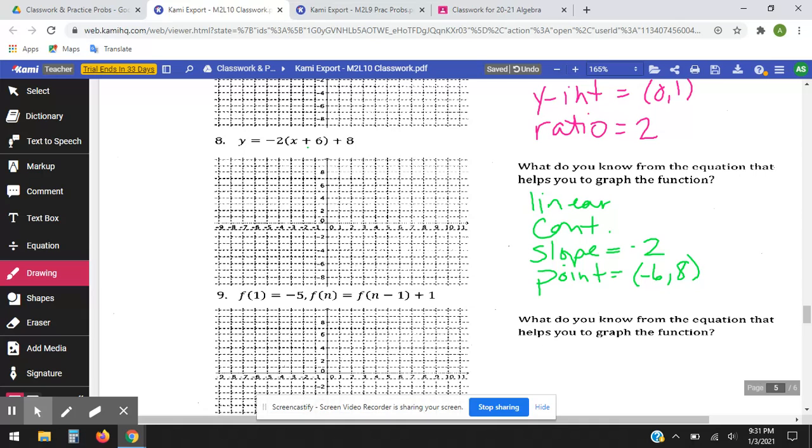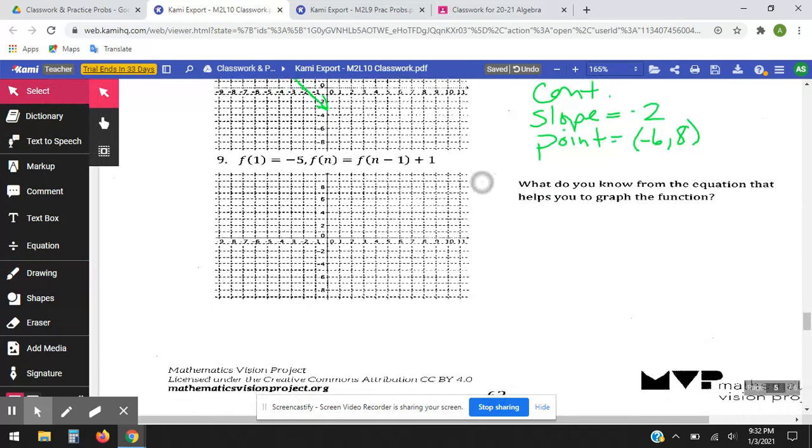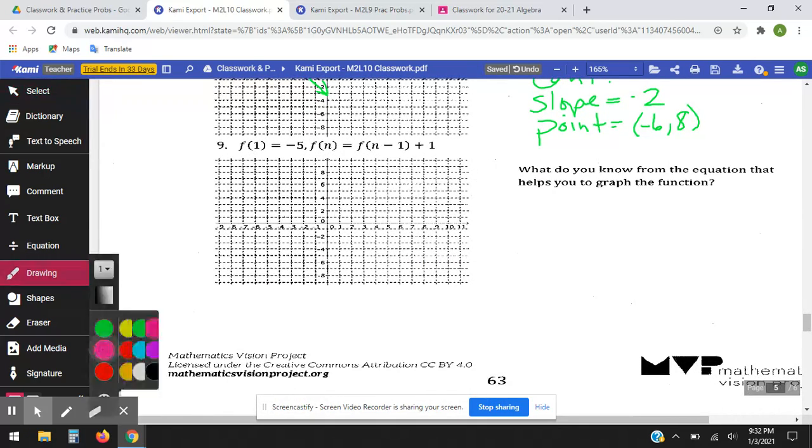So if I'm going to go from (-6, 8), that's way up here, and I'm going to go a slope of negative 2, I'm going to go down 2 over 1, down 2 over 1, down 2 over 1, and keep going. So here is my graph for this one. Nice. So see how we can put this all together on here.